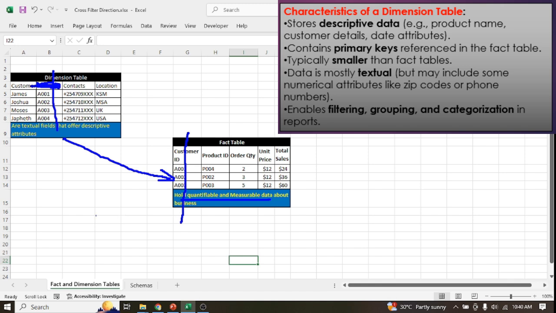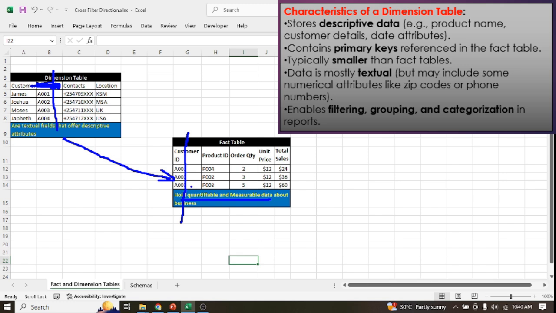So like now we can filter out the sales made within a given period for James. We can also filter out the sales made within a given period for a given location like UK, US. So we can categorize and we can also filter.